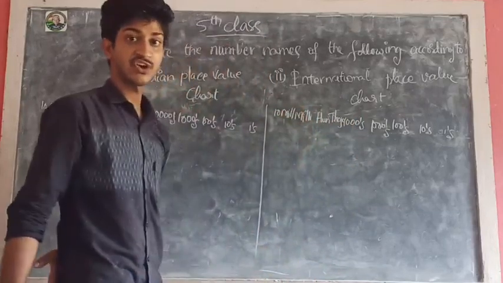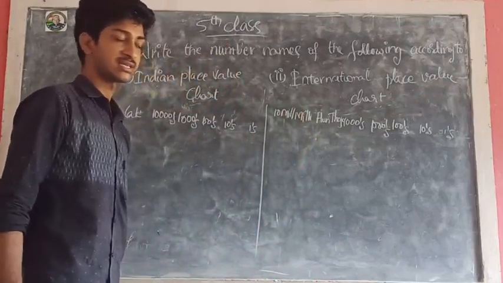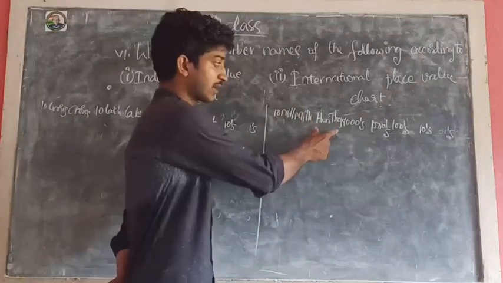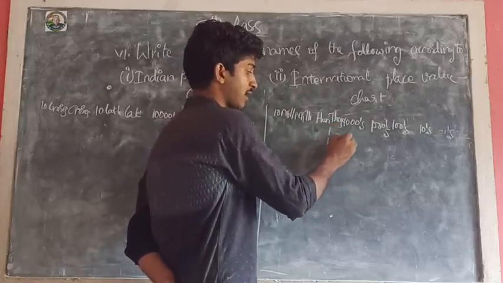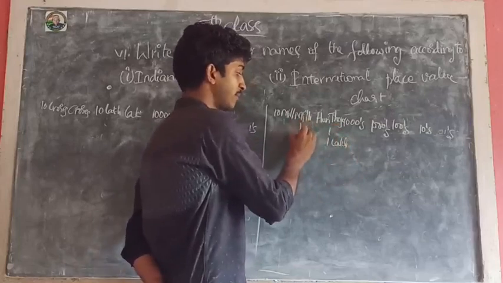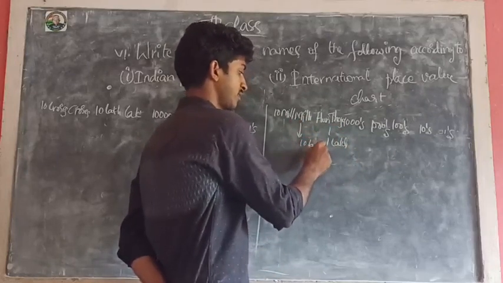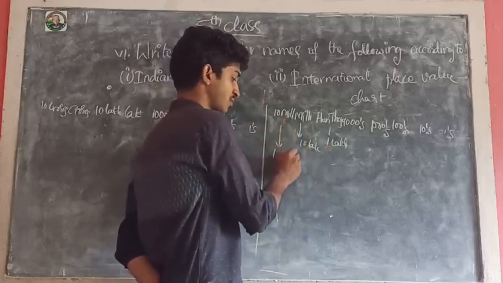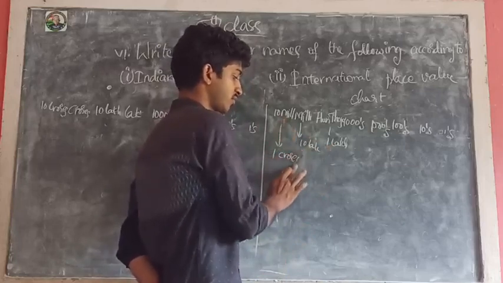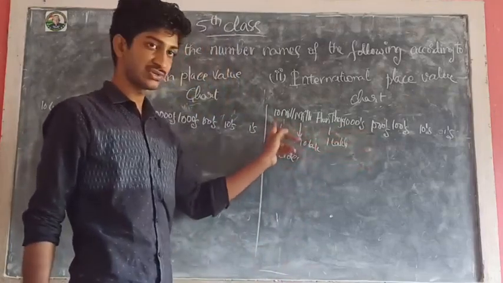After 10 millions, we have 100 millions, and after 100 millions, billions come. 100,000s means 1 lakh. Millions means 10 lakhs and 10 millions means 1 crore. So this is the order of the international place value chart.